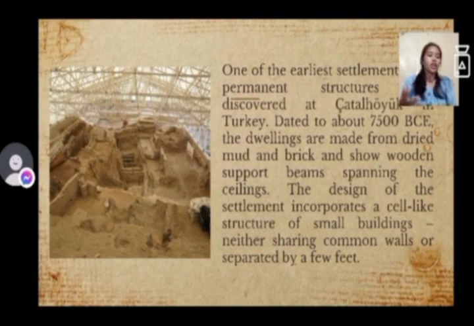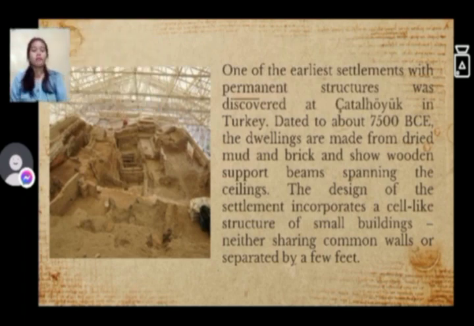So here in the PowerPoint, you can see the picture. It is one of the earliest settlements with permanent structures, and it was discovered at Catalhoyuk in Turkey.